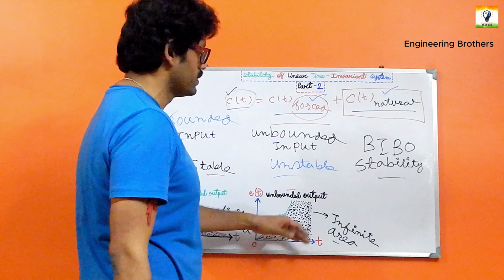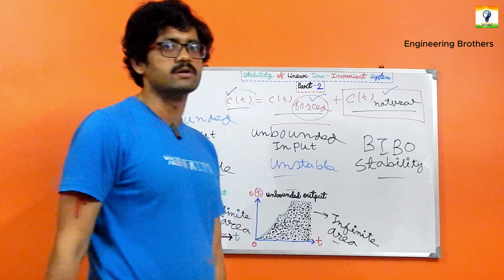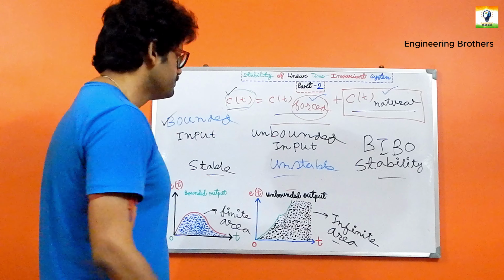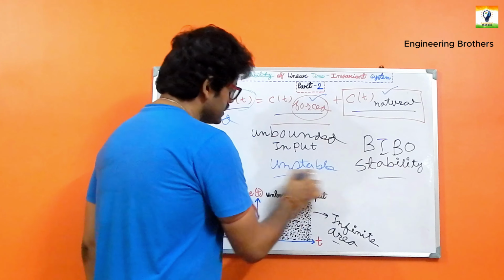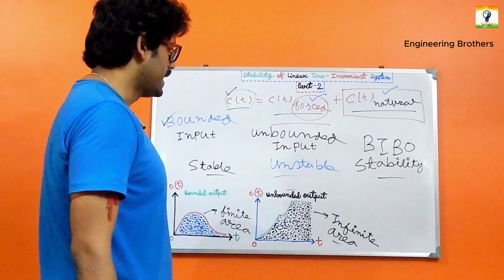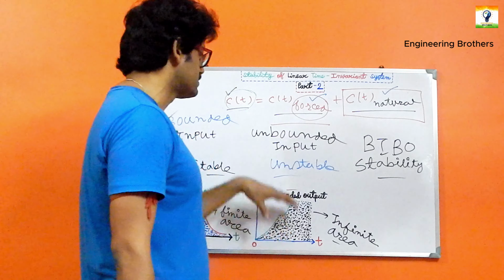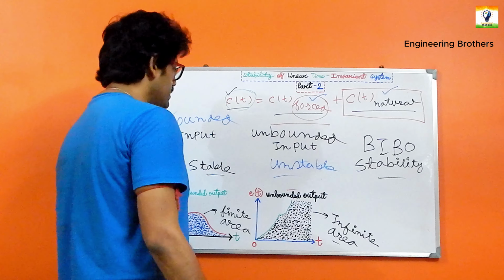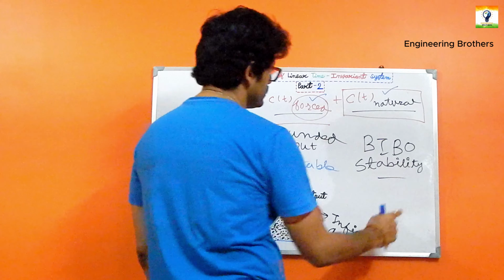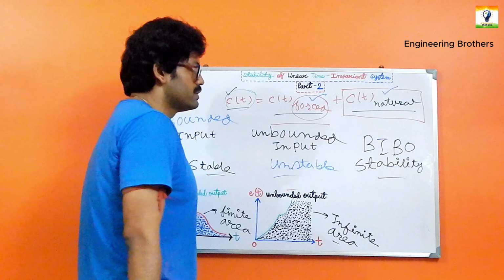Because of that, we can say that in this case we have an infinite area, we cannot define the area under this curve, and quite naturally the output is unbounded, and we can conclude that the system is unstable.